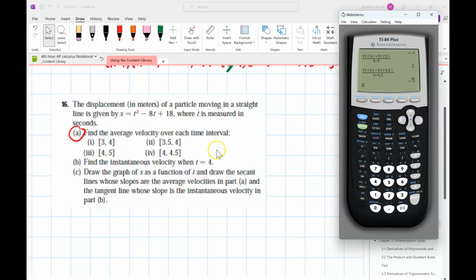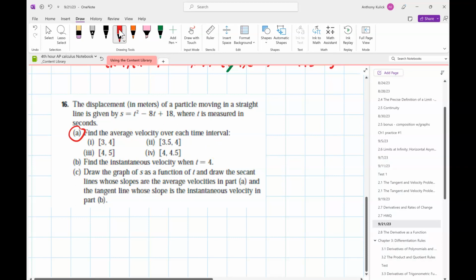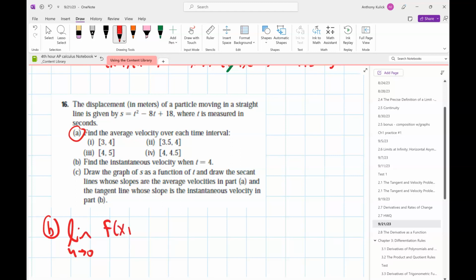The instantaneous velocity for this, I'll do that with the limit. Actually, we'll do 4.